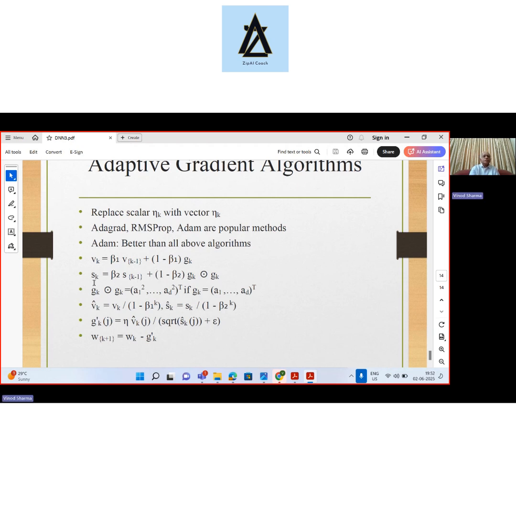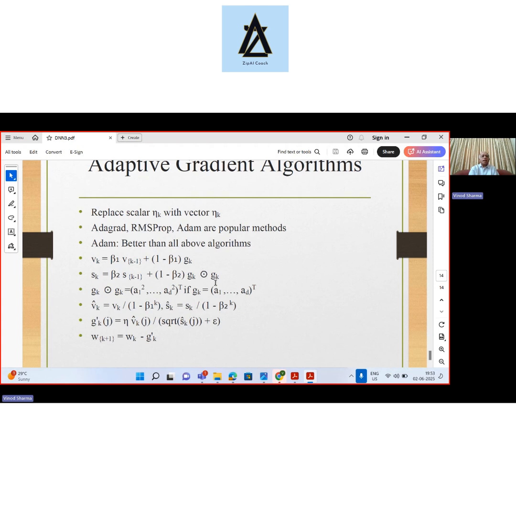And Sk is another sequence we define. So Sk is equal to beta 2 Sk minus 1 plus 1 minus beta 2 times Gk circle Gk. And this is a notation which we describe now. So this is the vector Gk multiplied with itself by this circular operation.